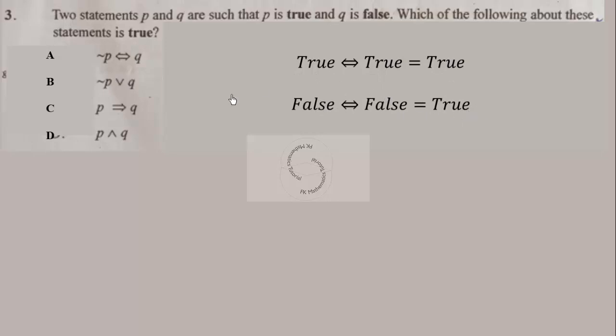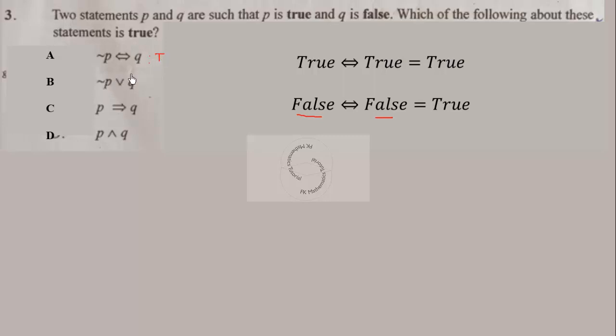So now over here it was given that P is true, so when we substitute P here, the negation of true is false, so that gives us false. Then the Q is already false, so false if and only if false will give us true. That is, the premise is false, the conclusion is also false, so the truth value here is true. This one is true.